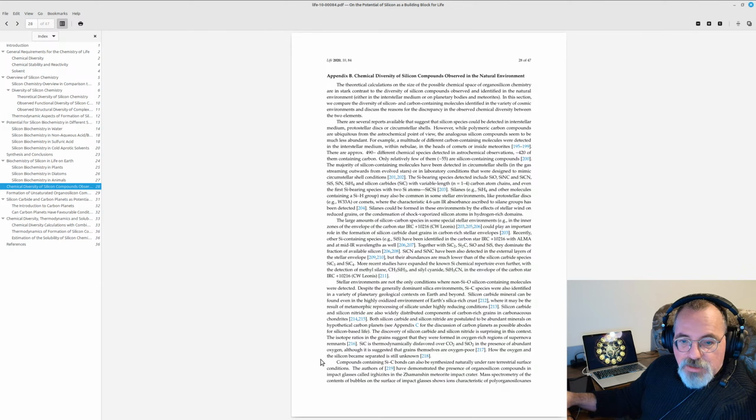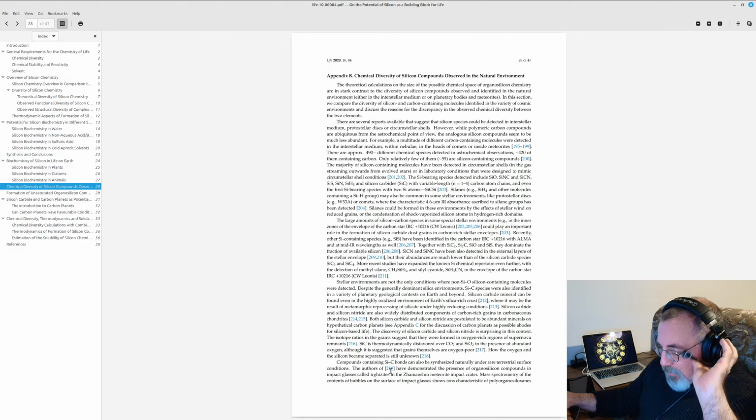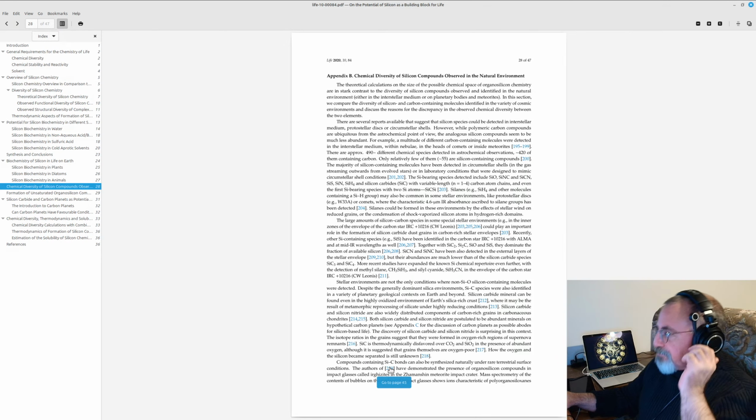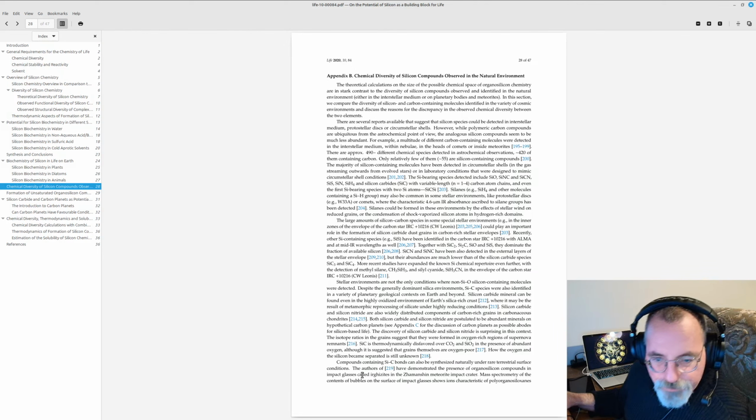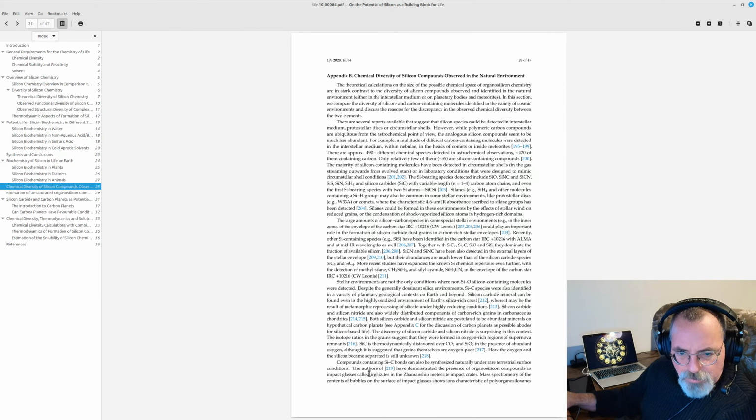Compounds containing silicon-carbon bonds can also be synthesized naturally under rare terrestrial surface conditions. The authors of footnote 219 have demonstrated the presence of organosilicon compounds in impact glasses called ergesites in the Zamanshin meteorite impact crater.